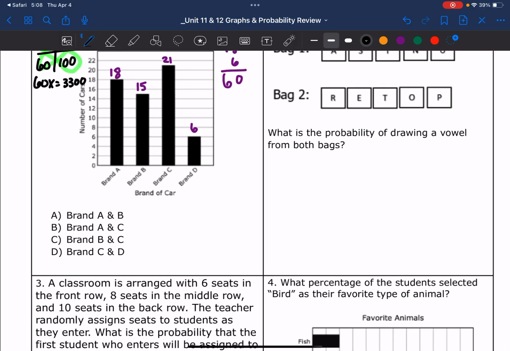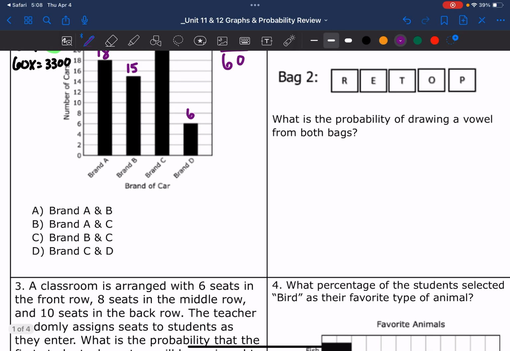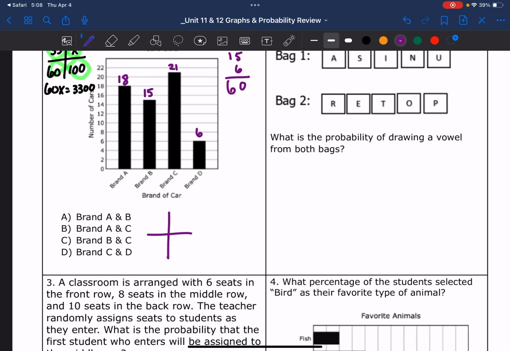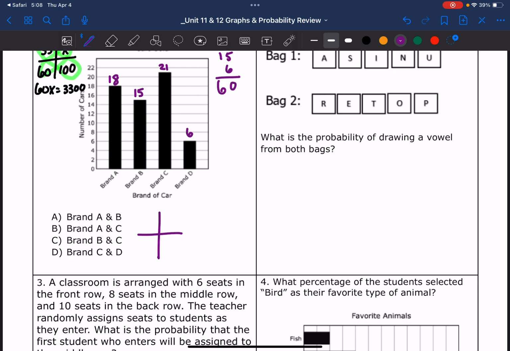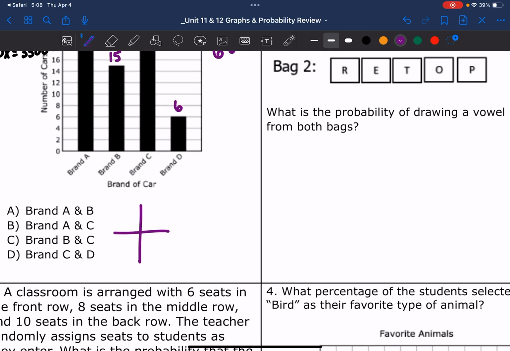However, there's an easier way to do that, and I'm going to do this over here, down here, okay? So you still do a proportion, but this time, instead of having to do a proportion for each answer choice, you do one proportion. I know that the total is 60. I know that we want to find out 60% out of 100%, okay?